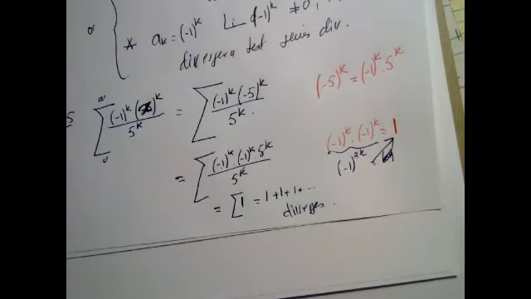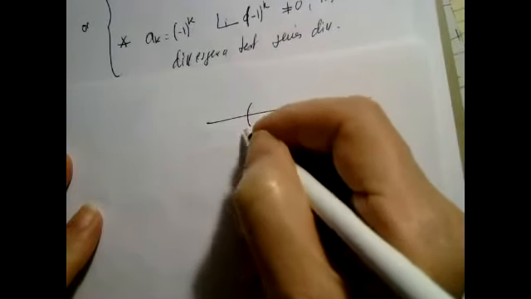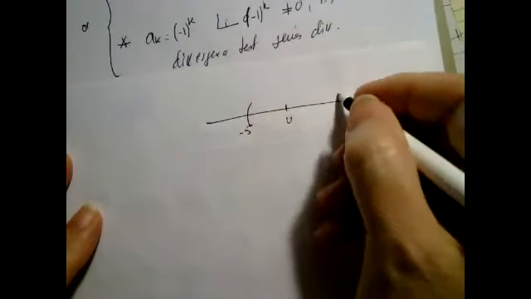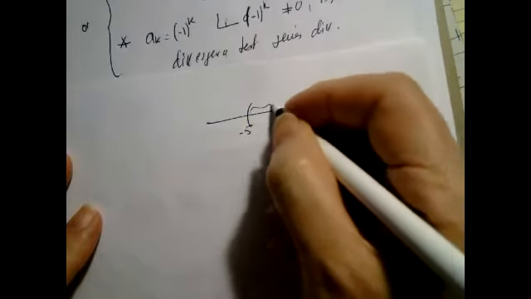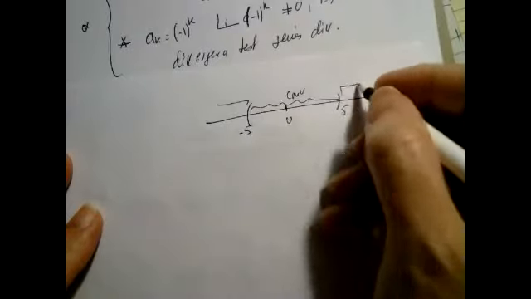So now we have a complete picture of the series. If this is my number line, it is divergent at -5, divergent at 5, converges here between, and diverges out here.